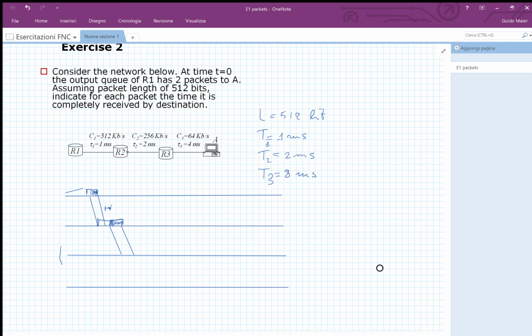So the first packet arrives at this instant here, and now R3 starts retransmitting it, but this time it will take 8 milliseconds to retransmit the packet. So it will take, this is 4. Okay, all this time.